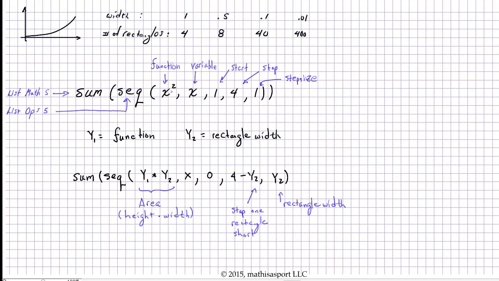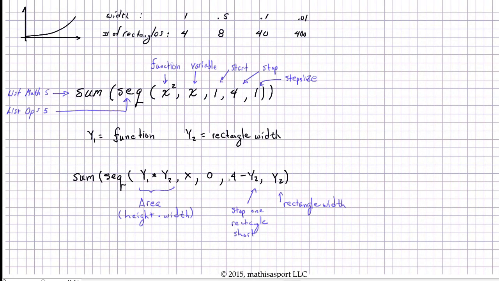Now you'll notice up here we didn't have times anything, but that was simply because the width in our initial cases was 1. More generally, we're always multiplying the height times the width to get the area of a given rectangle.